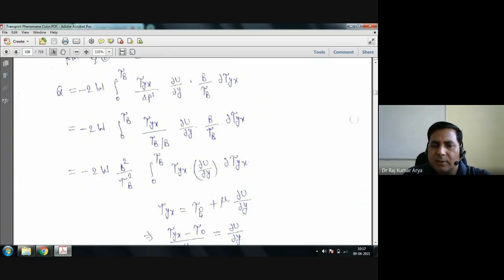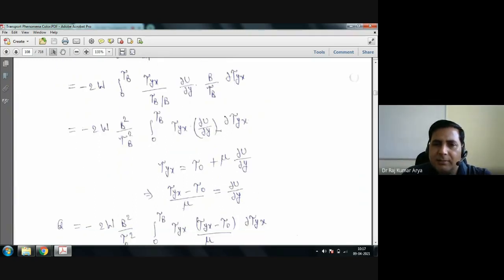Tau by x equal to tau naught plus mu del u upon del y, right? You have this. Now you can do integration by parts of this again. At the place of tau by x, you substitute this expression.